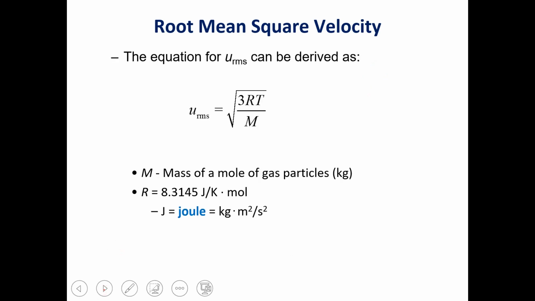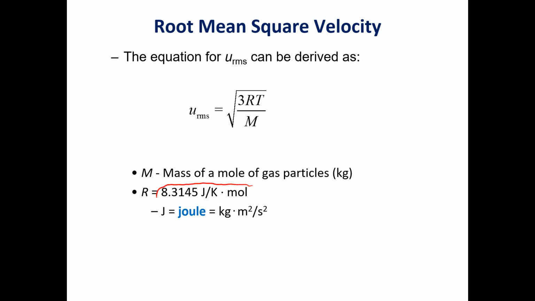So there is an equation for the root mean square velocity. The variables mean exactly the same thing they've meant in previous equations, with some slight variations. R in this case is not the same R that you're used to.